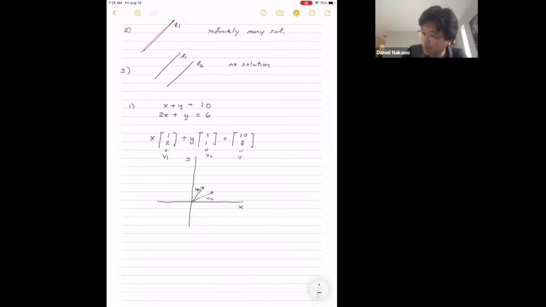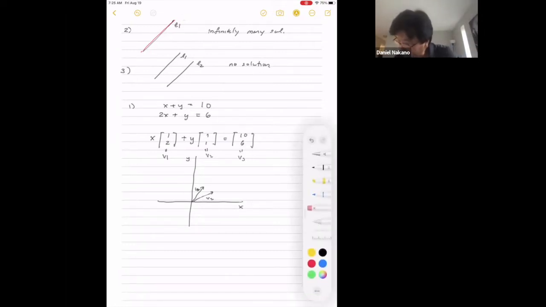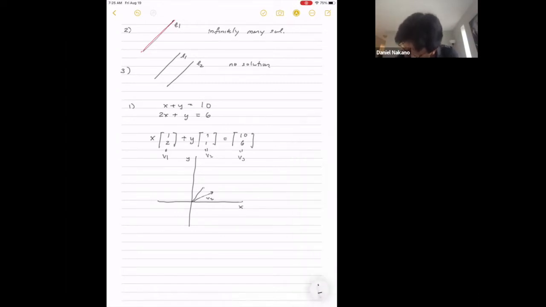And we're able to get the vector V3 by stretching V1 by x and V2 by y, and then we obtain the vector V3. And we actually found what x and y were.